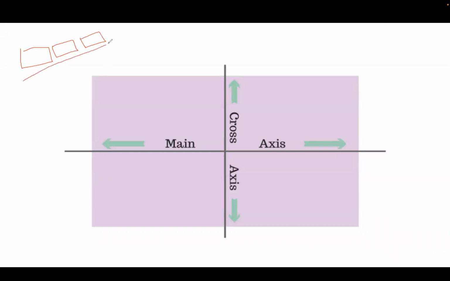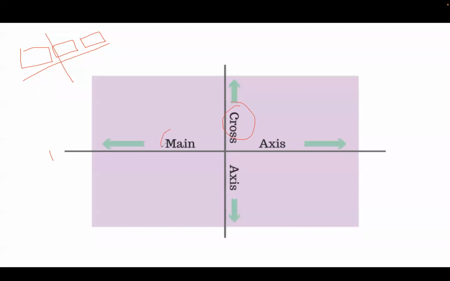So we have two axes here. In the direction of the row, where the items are, we will call it the main axis. Yes, the x-axis, Muhammad Ali. This x-axis we will call the main axis. And the opposite axis, which is the y-axis, we will call the cross axis.